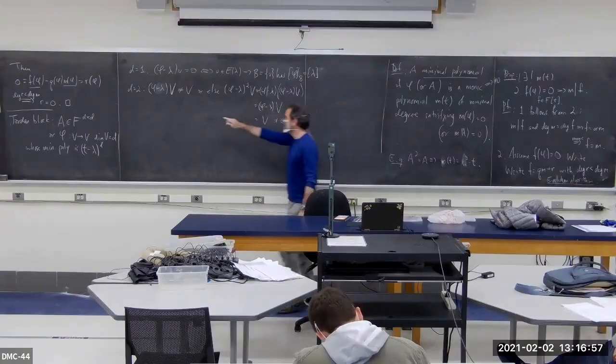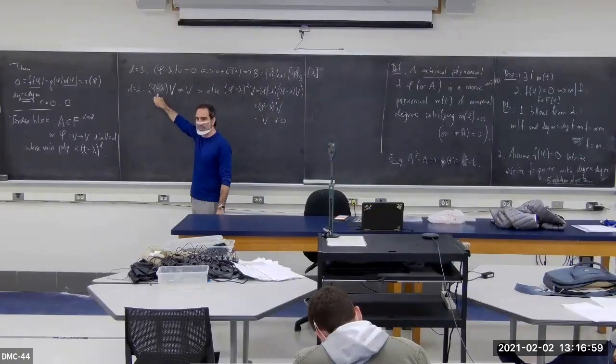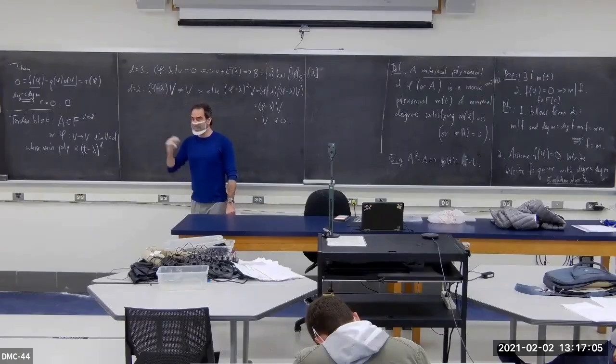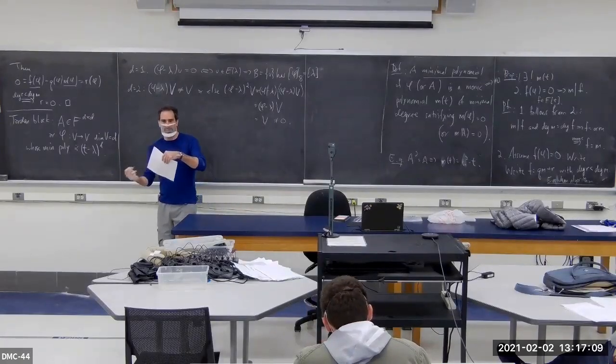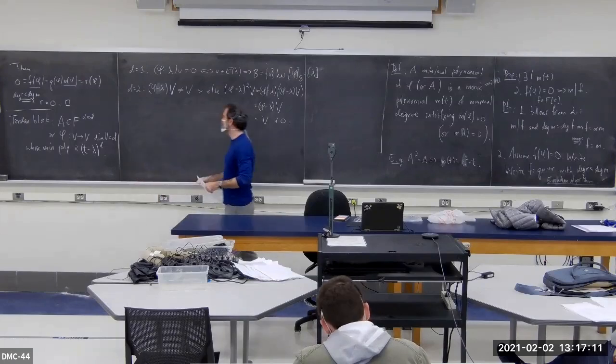So it has to be the case that phi minus lambda has a kernel, or if you like, that its image is properly contained in V. Those are the same thing by the rank-nullity theorem. So phi minus lambda has a kernel.